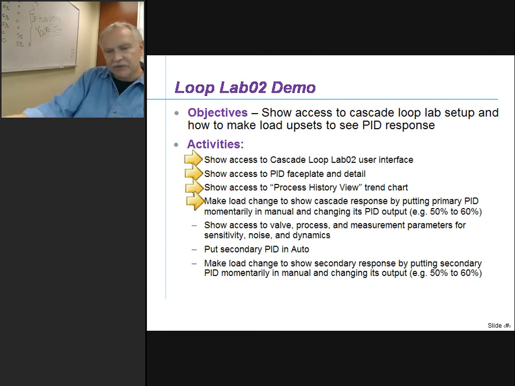While that response is developing, we're going to show access to the valve, process, and measurement parameters for sensitivity, noise, and dynamics. Then we're going to put the secondary PID in auto, and we're going to make a load change to the secondary PID by momentarily, and the keyword again being momentarily, putting it in manual and changing its output.